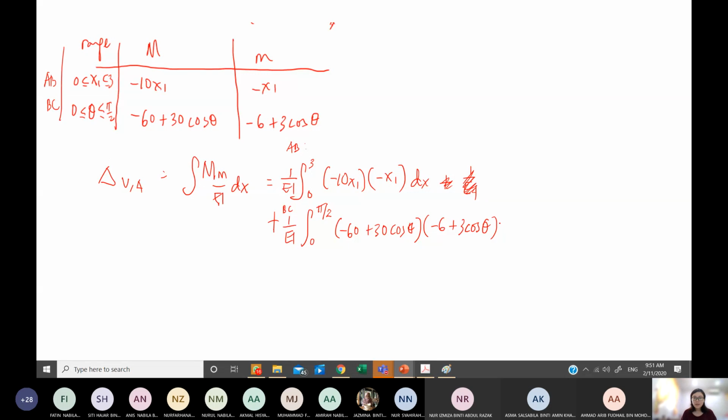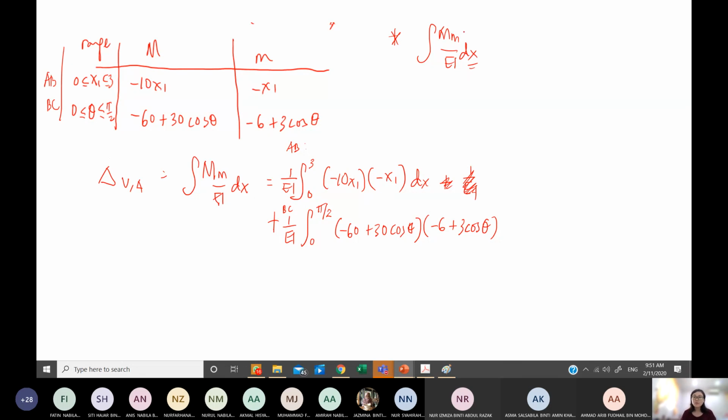When you are applying this to an arch problem, I have something new to introduce here. Whatever you have practiced before, you are using dx. dx is just a horizontal or vertical distance.